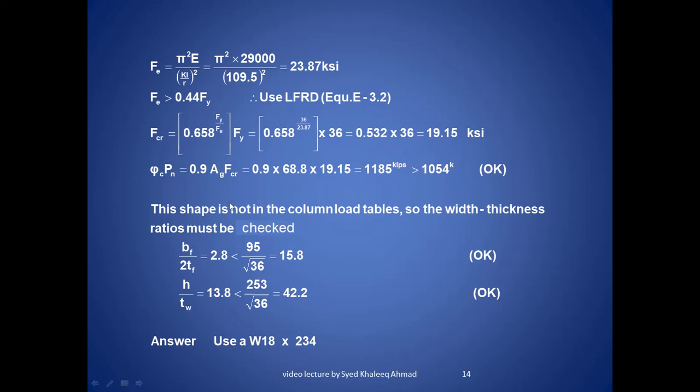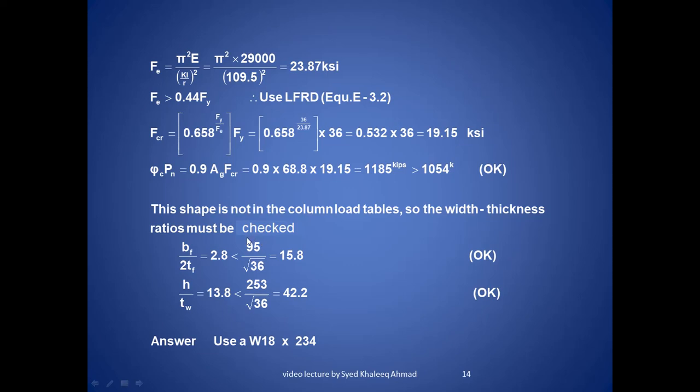Now we will check whether this shape is satisfying the criteria for local buckling. Because this shape is not in the tabulated table, the width to thickness ratio must be checked. So we have to find bf upon 2tf equal to 2.8, which should be less than this, and we check that this is less than 15.8.